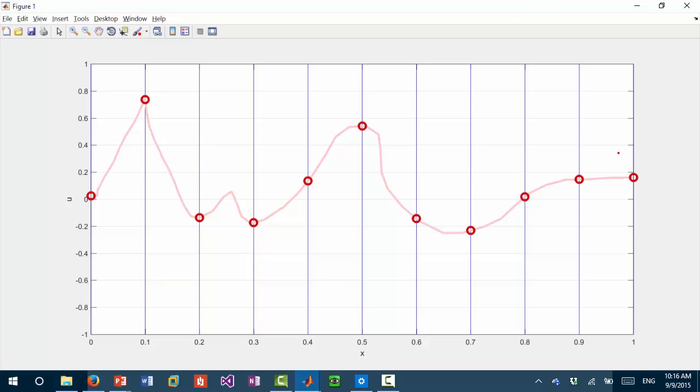These are what we call the grid points. A finite difference discretization only stores the value of the function at the grid points. If you have 11 grid points in this case, finite difference method stores the function as 11 real numbers. So that's how finite difference stores a function.